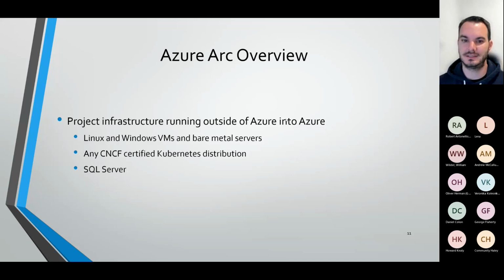Outside of Azure means it could be on-premise or with a different cloud provider, so it could be Amazon, Google, whatever. You can manage Linux and Windows VMs and bare metal servers, any Kubernetes cluster, as long as it is CNCF, Cloud Native Computing Foundation, certified. And you can also manage SQL Server.